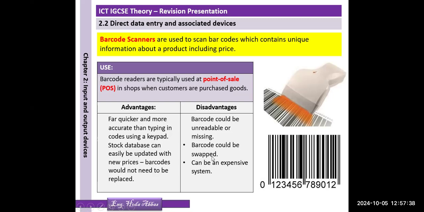Barcode could be swapped, okay, can be an expensive system. What's the meaning of swapped? That he reads 6 instead of 8, and this 8 he will read as 6 instead of 8. Something happened to swap any numbers, for example.